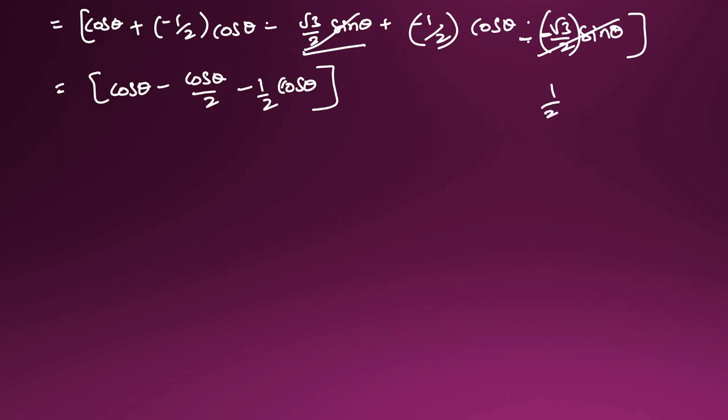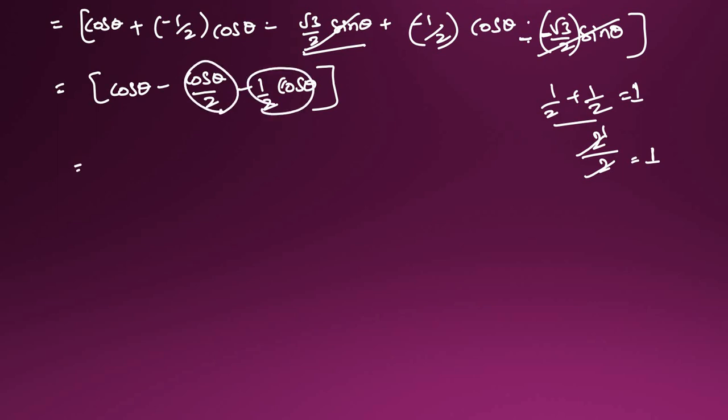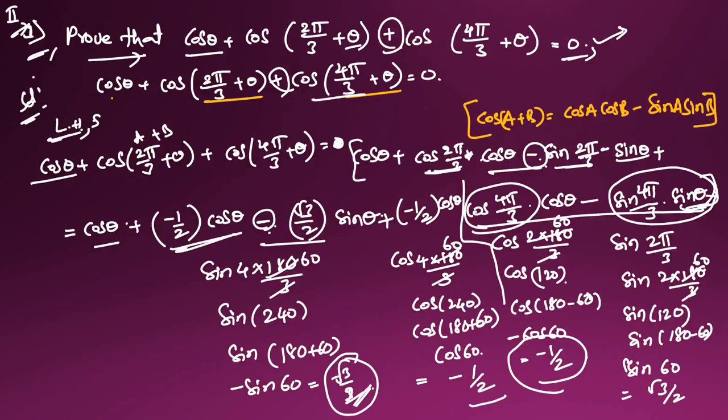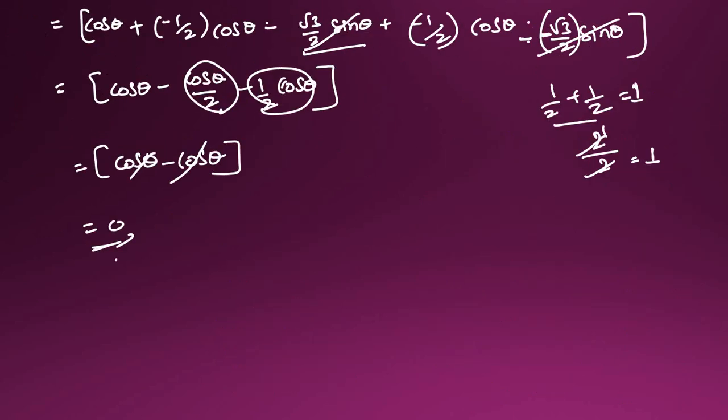So 1 by 2 plus 1 by 2, what? 1 only. Here LCM will come 2, so it will become 1. So cos theta minus cos theta will come here, so these two will get cancelled, is equal to 0. What is he asking us to prove? Equal to 0 only, this one. That we proved here.